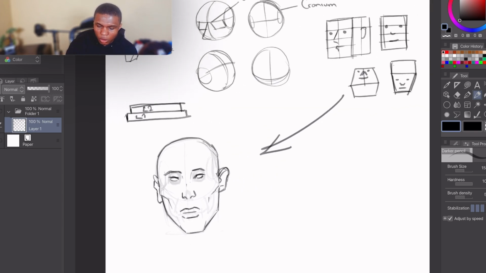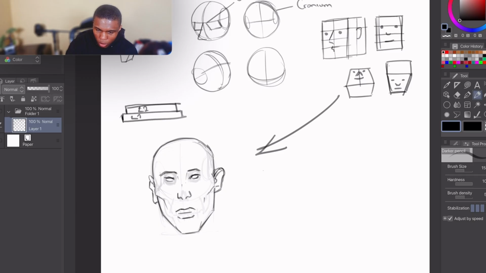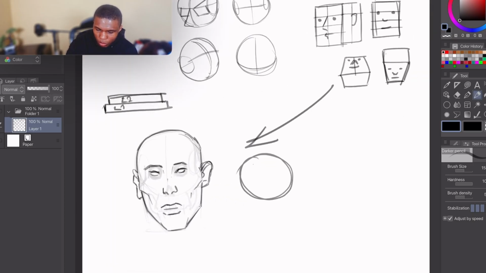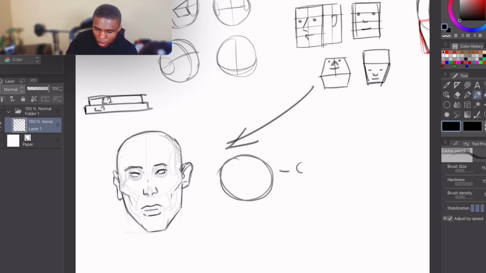The parts of the skull we're going to be looking at: we're going to have our cranium, which is this circle over here. And always remember to put your center line.